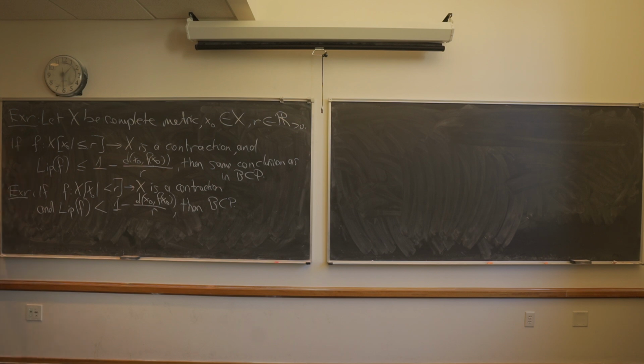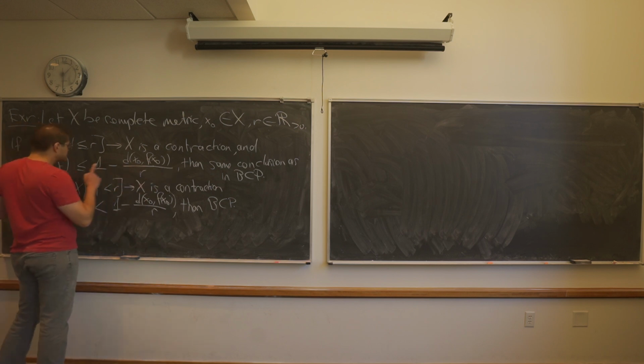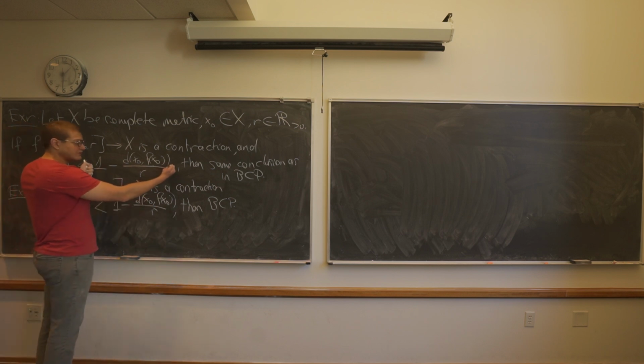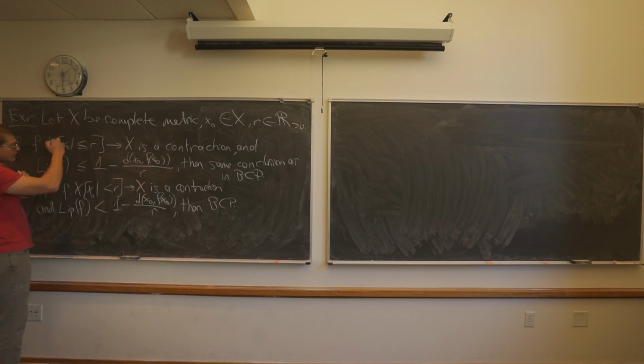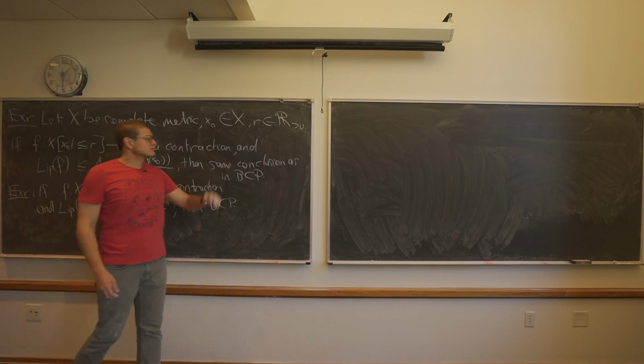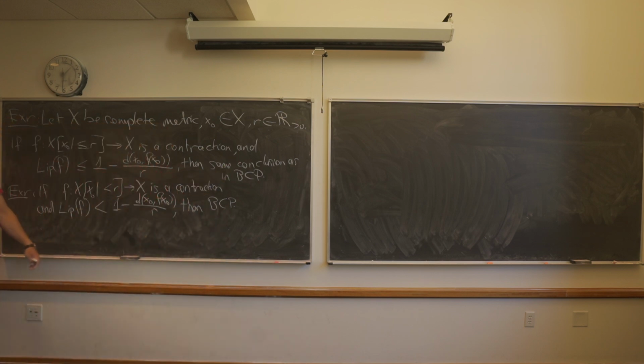If my function f is a contraction, and further, its Lipschitz constant is bounded by this number, which is some number that depends only on the initial condition, the center and the radius, and of course the function, then the same conclusion as the Banach Contraction Principle holds. That is to say, f has a unique fixed point that is also the unique periodic point in this ball.